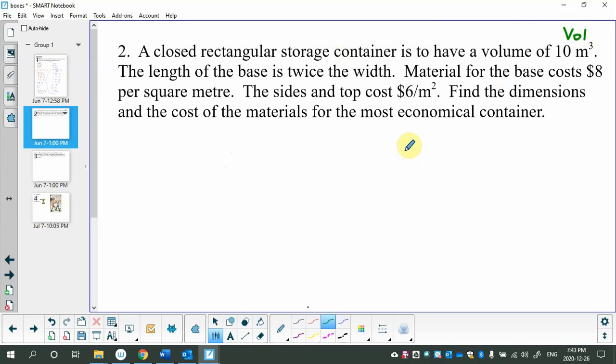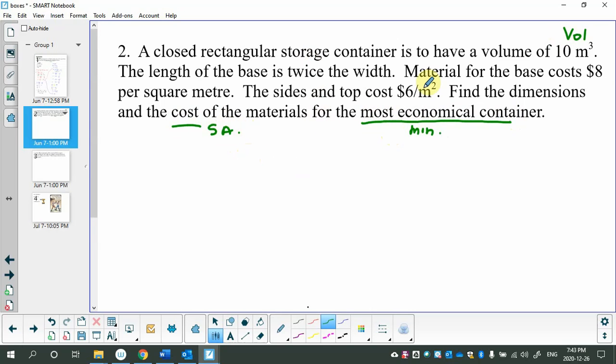And then we want to minimize, most economical container, minimize the cost. And the cost is based on surface area. So number one, I reversed volume and surface area in this question.